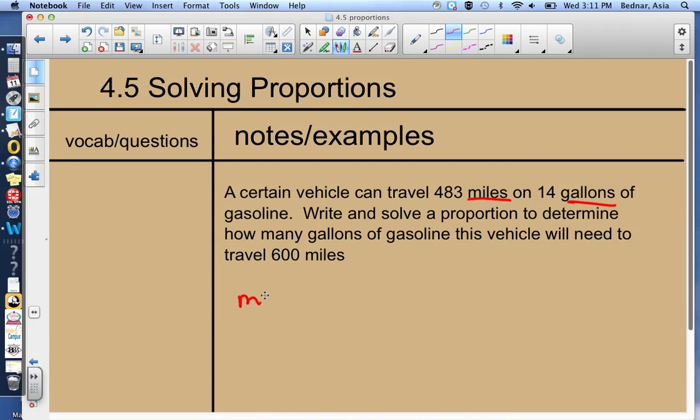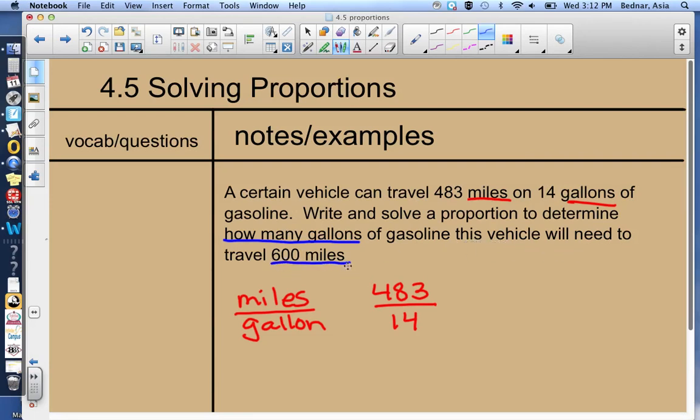So I'm going to write miles over gallon. That's what I'm comparing. I can see here that I had 483 miles to 14 gallons. The rest of the problem says to write and solve a proportion to determine how many gallons of gasoline this vehicle will need to travel 600 miles.